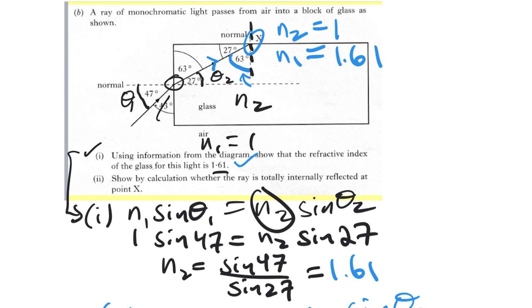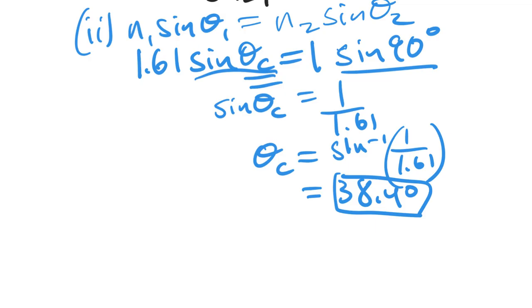Well, wow, 63 is 63 right here. The actual angle of incidence is much greater than the critical angle. So when the angle of incidence is greater than the critical angle, you got TIR.